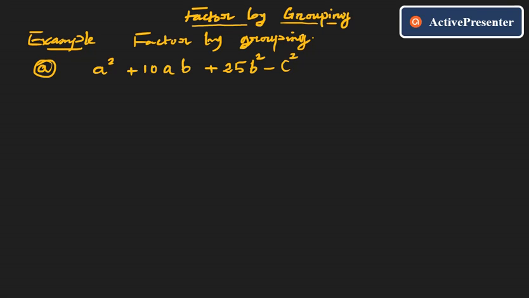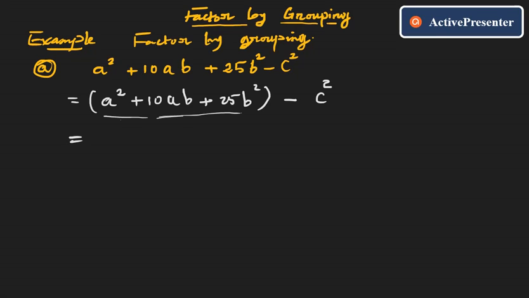So this is a squared plus 10ab plus 25b squared, and we will be left with c squared here alone. This may be the square of a binomial sum, if you remember, a plus b all squared is equal to a squared plus 2ab plus b squared.